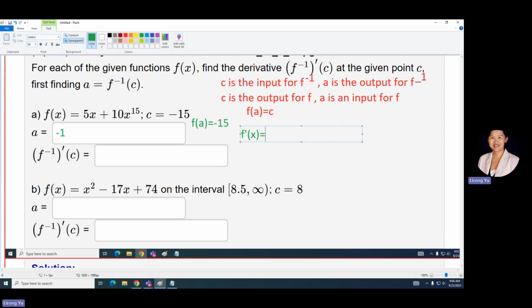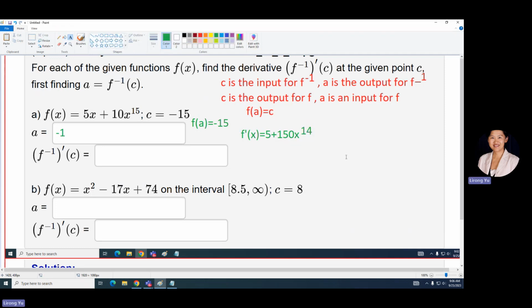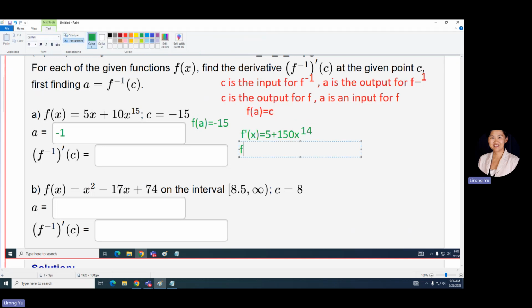According to the power rule, it's going to be 5 plus 150x to the power 15 minus 1, which is power 14. So that's the derivative function. I'm going to plug in the input. The input is -1, so I'm going to find f prime of -1.